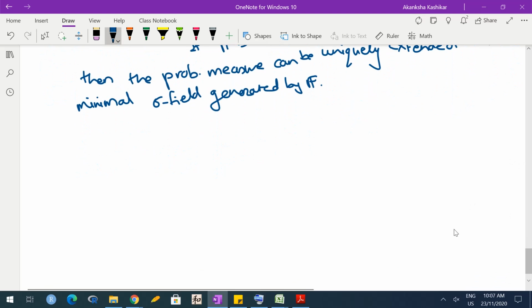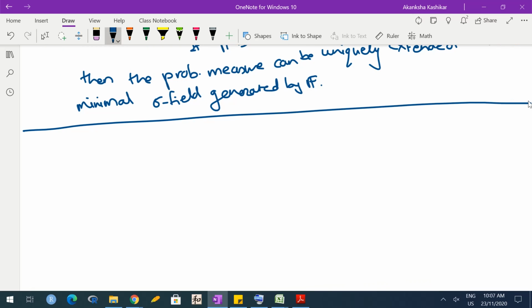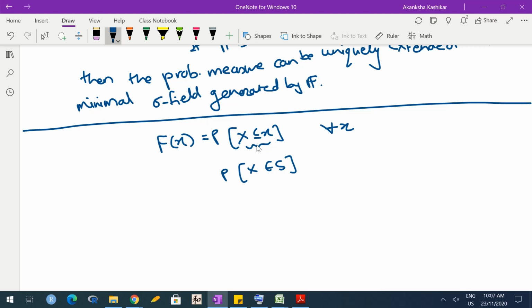Now, when we know the CDF, can we get uniquely the probability distribution of X? Yes, because knowing the CDF means we know F of x, that is the probability of X less than or equal to x for every x. So given any Borel set S, the probability of X belonging to S can be written easily in terms of these intervals, because we know that intervals of the type minus infinity to x can generate the entire Borel sigma field.